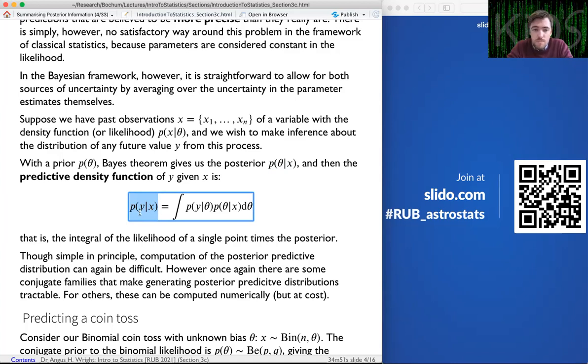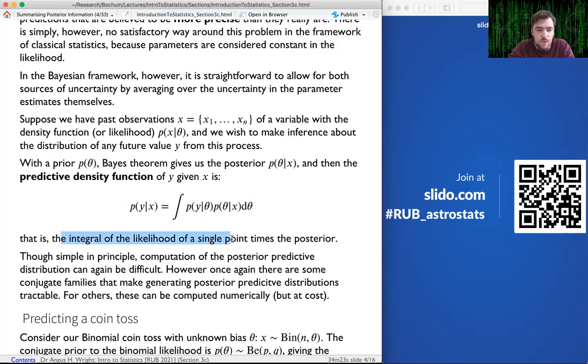And the way in which we do this is we go via the posterior p of theta given x. Now that posterior function is nothing different to what we've seen before. And now we have a second term here, which is the likelihood of the new observations y given the parameter estimate theta.